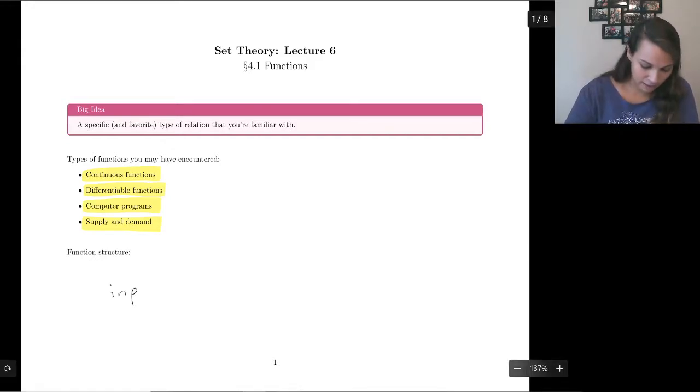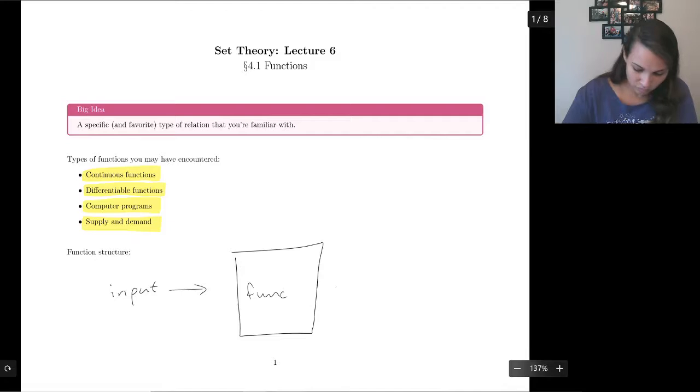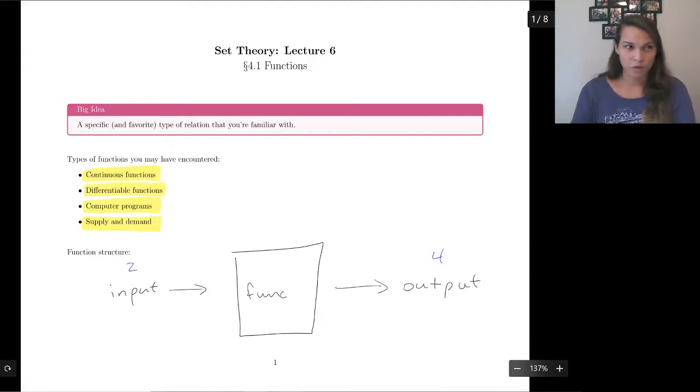All of these have inputs that get put into our function, and then the function is going to spit out some output. If I were to tell you that the input was 2, you would get an output of 4, you might think, oh, maybe the function is 2x.